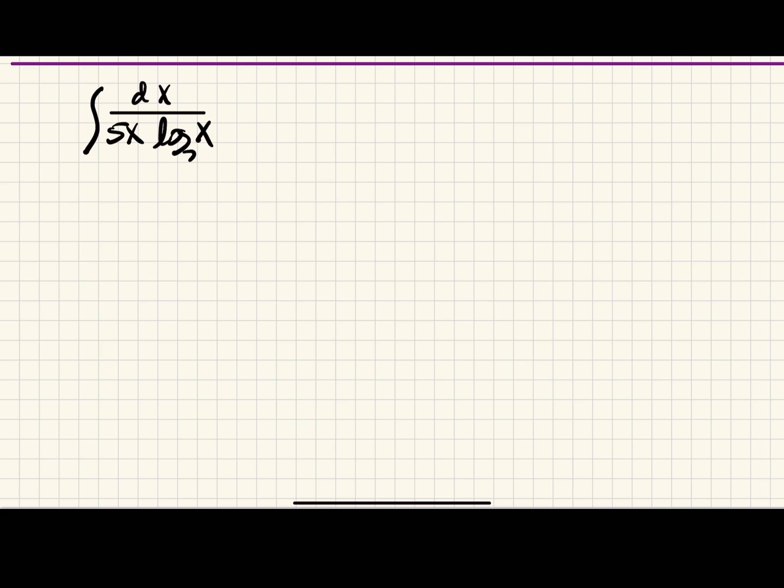Maybe do a change of base and make it natural log? That's what I think I'm doing, also because the integral formulas are a lot nicer with the natural log than they are with logs of other bases. So I'm thinking the first thing I'm going to do is do a change of base on that. Make it natural log. So it'll be natural log x over natural log 7, right? In case you don't remember that.